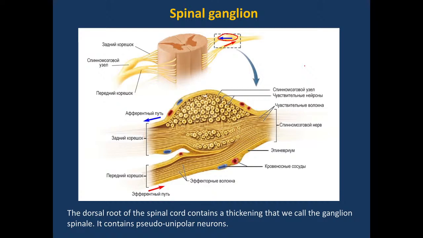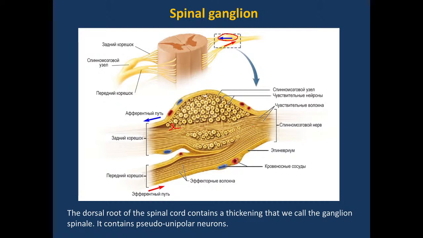If the root resembles a thread, then the ganglion resembles a knot in the thread. Inside the spinal ganglion, we could find a lot of neurons.